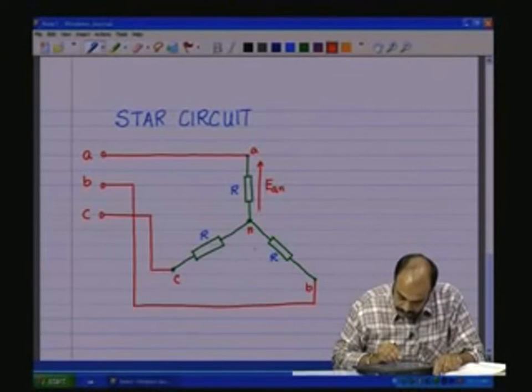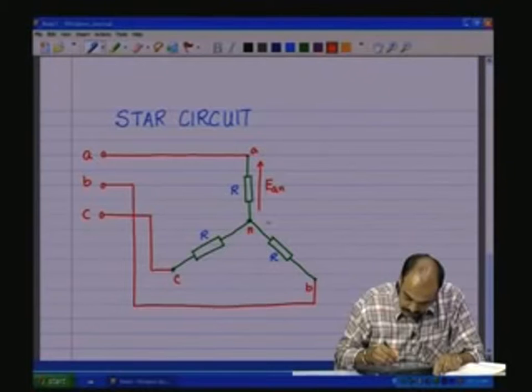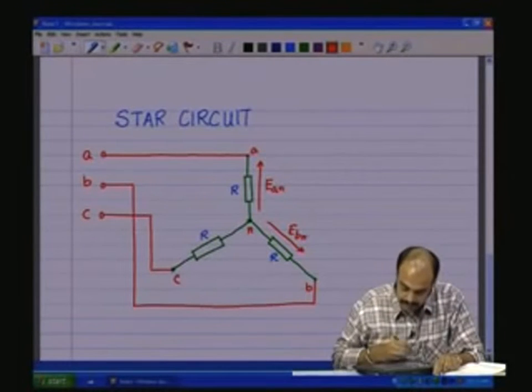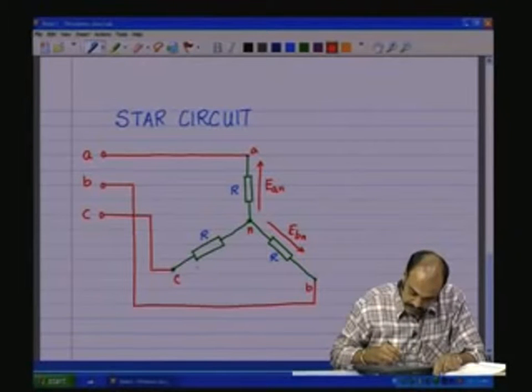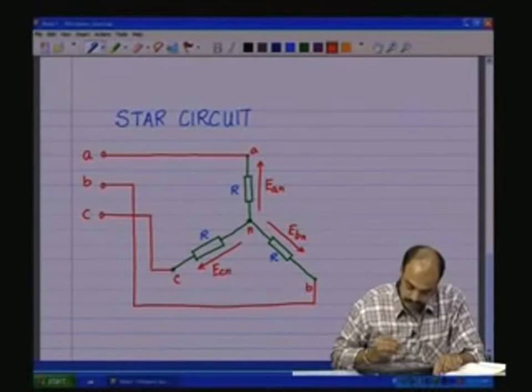The voltage in the B phase, this is E B n, and the voltage in the C phase with respect to the neutral, E C n.